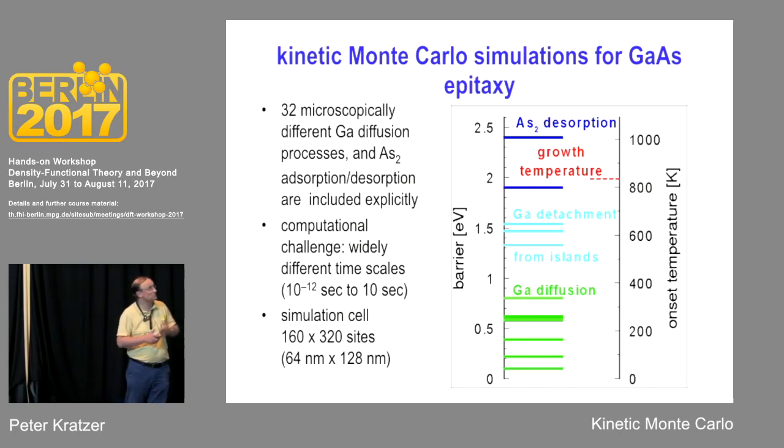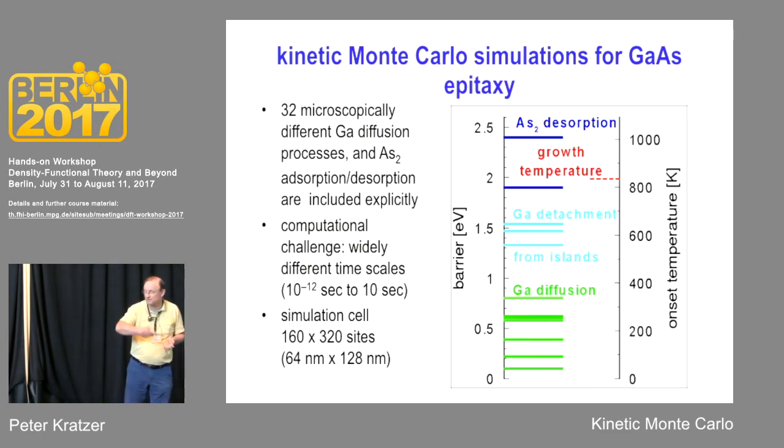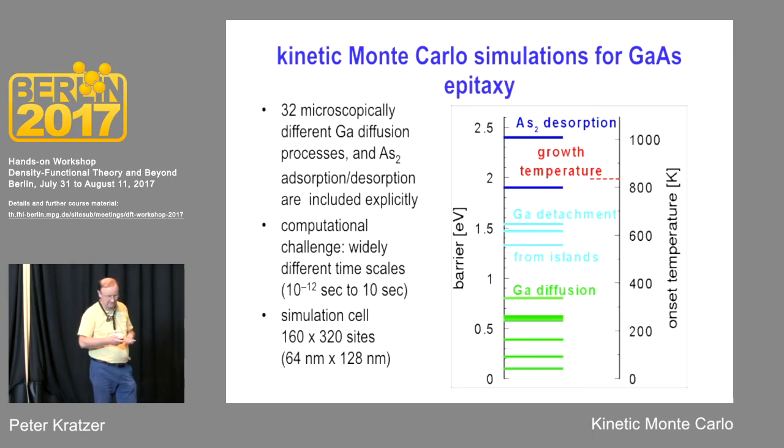So all these processes should be allowed and should be taken into account. And this defines the challenge here. We can take a simulation cell that is quite large, could even be taken larger, and we need to consider large time scales up to 10 seconds. But with the KMC we can do that because of this variable time step in the KMC algorithm.